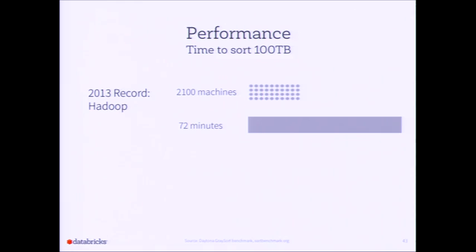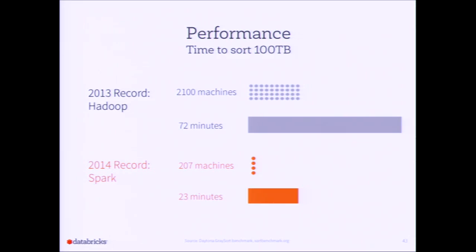So I started doing it, and in the course of running these benchmarks, we ran into a lot of engineering problems with scalability that we had to fix, which was great feedback for Spark development. But the final result was that we ran it on about 200 machines on EC2 and it took about 23 minutes to sort the same 100 terabytes. So this is the latest world record right now.